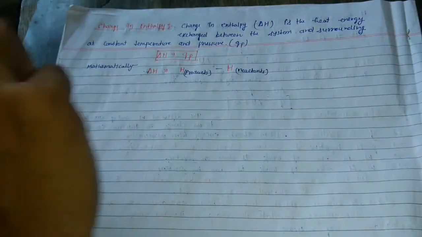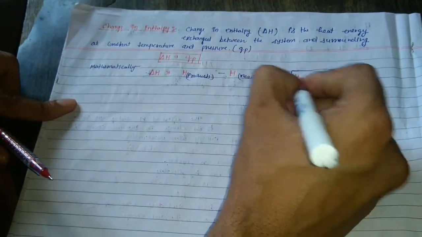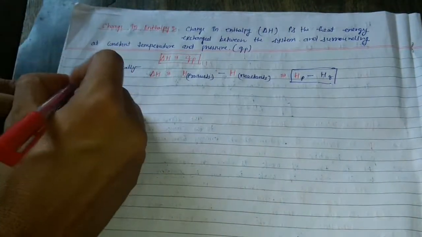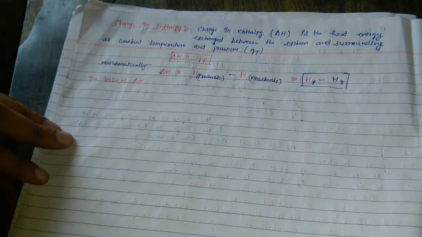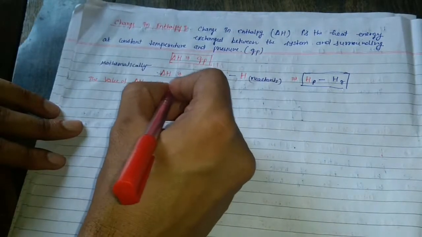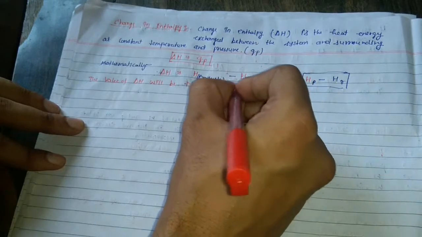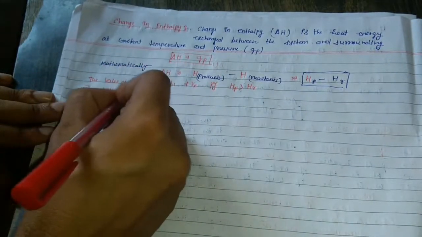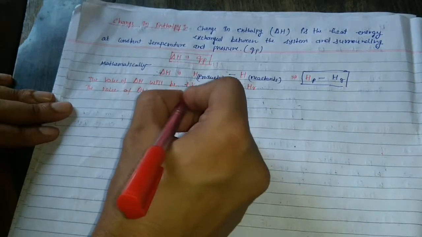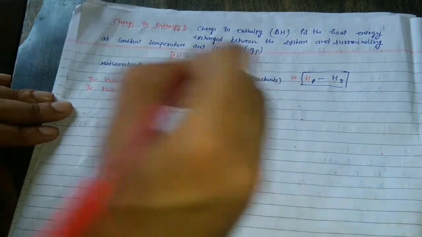The value of del H will be positive if the product side is greater than the reactant side, and the value of del H will be negative if the product side is lower than the reactant side.